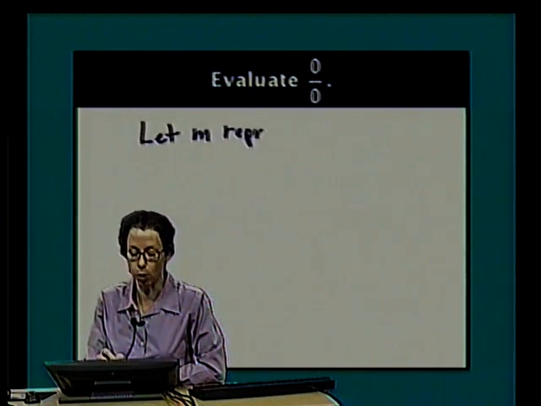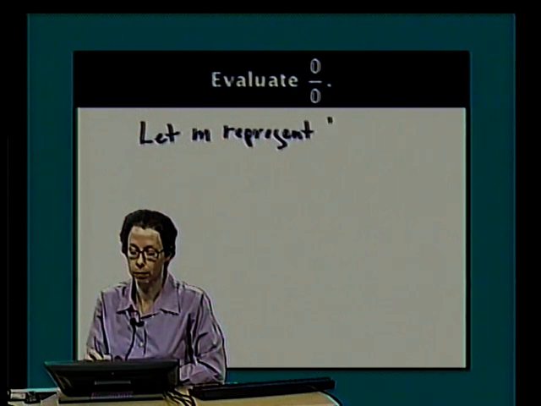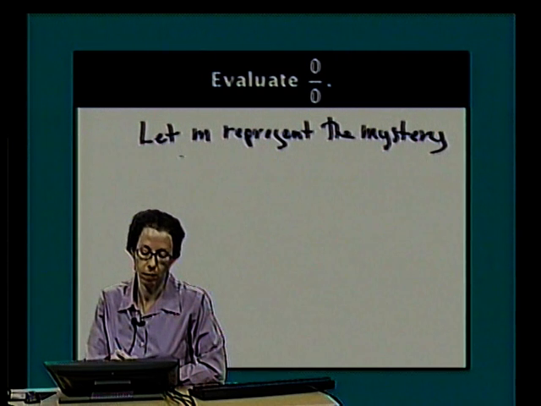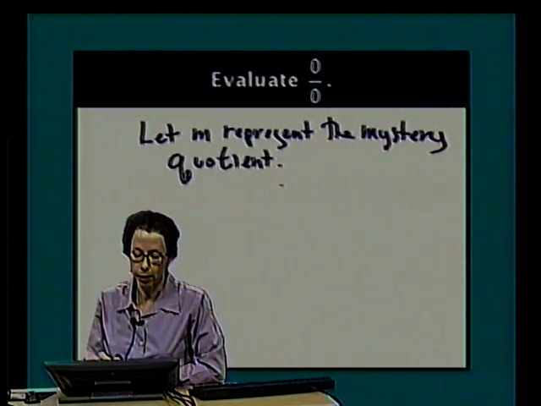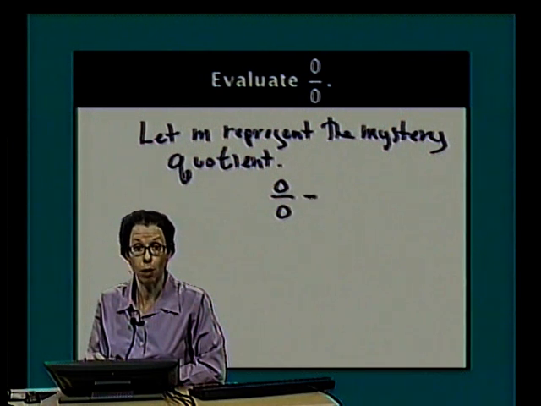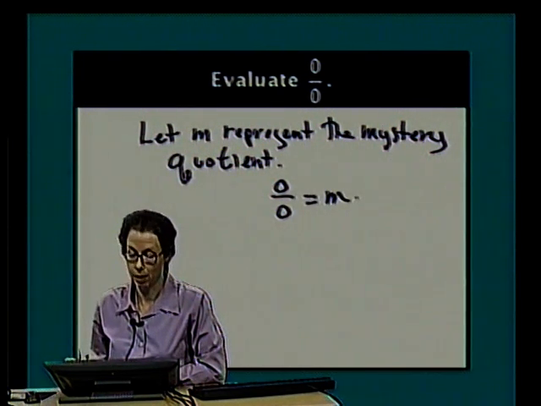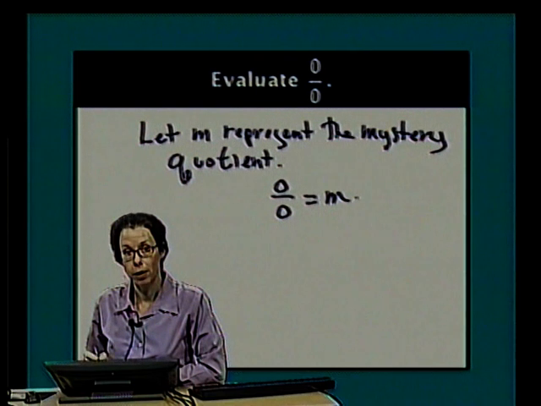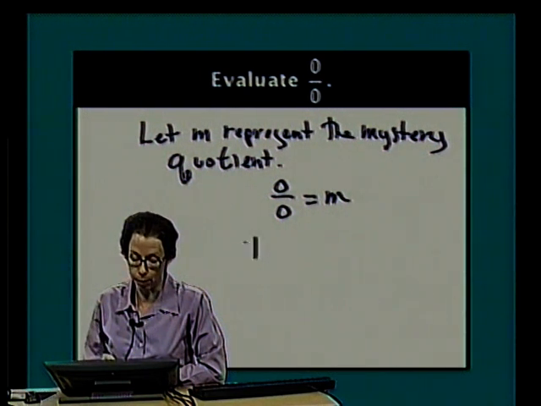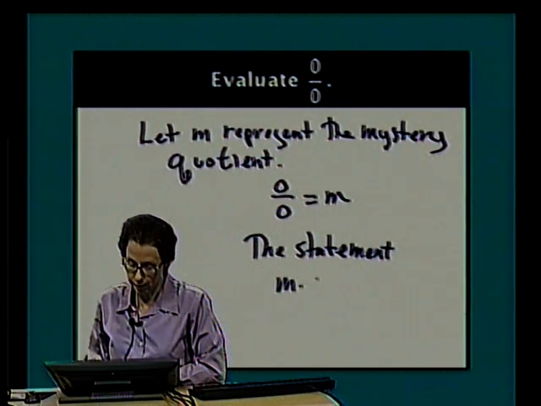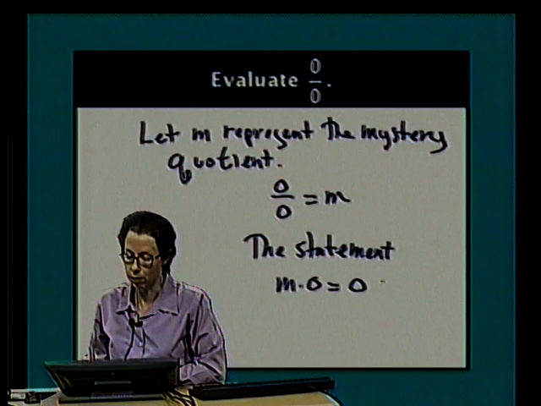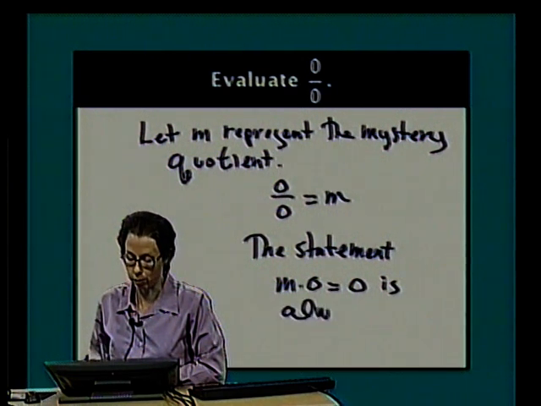So if I let m represent the mystery quotient again, and I write 0 over 0 equals m, if we look at the equivalent multiplication statement, the statement m times 0 equals 0 is always true.